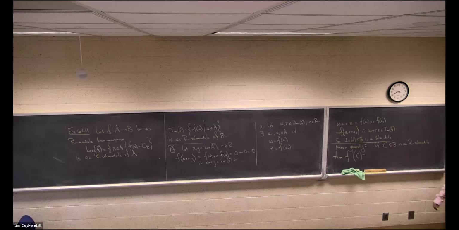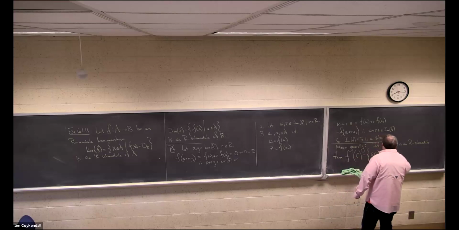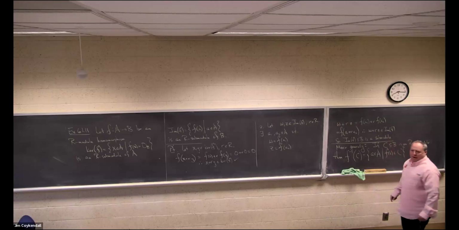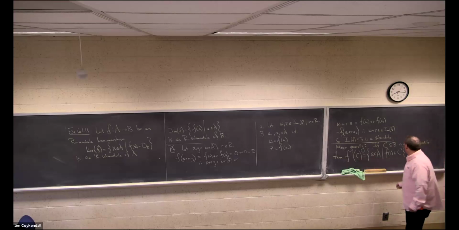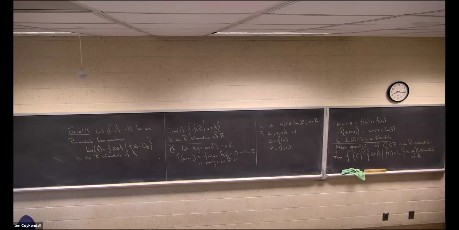It's just the preimage of C. So this is all the stuff back in A that actually lands you down in this submodule, and it is an R-submodule. In the special case that C is 0, then f inverse of 0 is the kernel. In the special case that C is all of B, then f inverse of C is just A. Everybody okay with that?